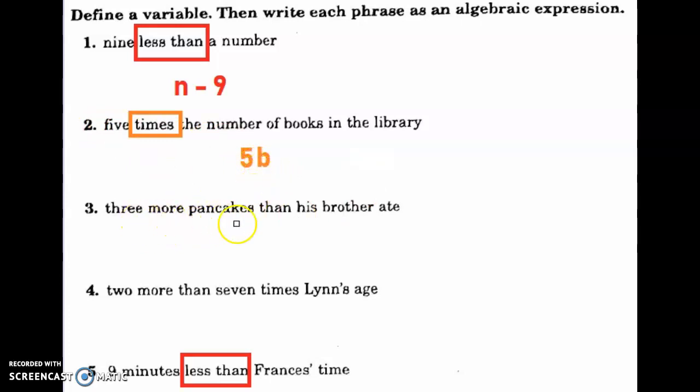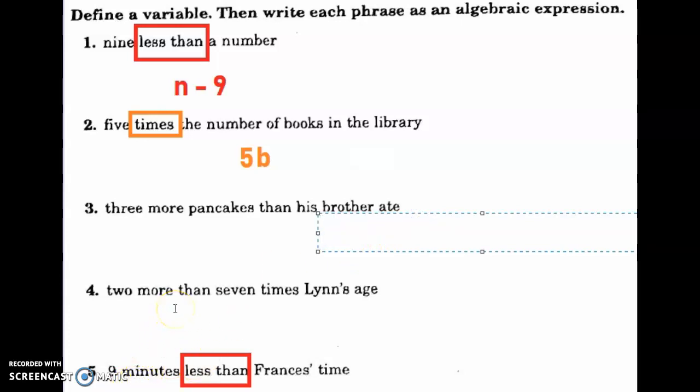All right, 3 more pancakes than his brother ate. So do we know how many pancakes his brother ate? We don't, right? Actually, we're looking for the number of pancakes, sorry. Let's see here.